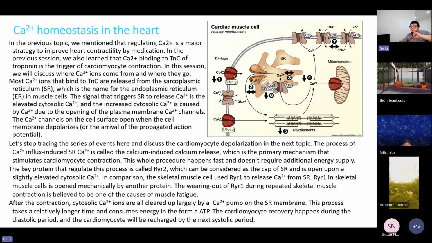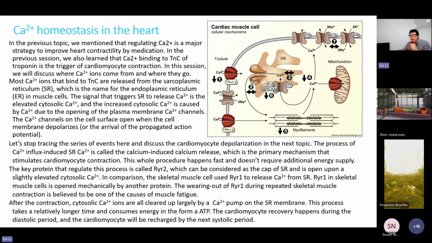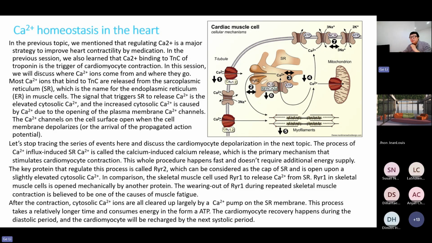If you only open this calcium channel on the surface of the cell, this calcium by itself does not reach a high enough concentration to activate troponin. However, these two proteins are physically very close to each other. So when this channel opens, this calcium literally blows into the RYR and forces it to open.